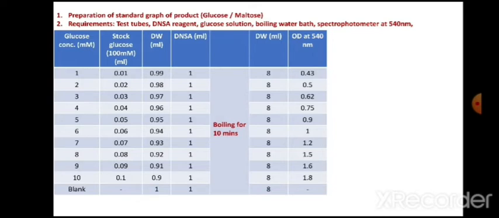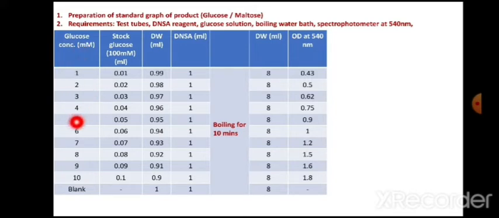Now this is the table for preparation of the standard graph of glucose. Make 7 columns. The first column is the glucose concentration in millimoles.